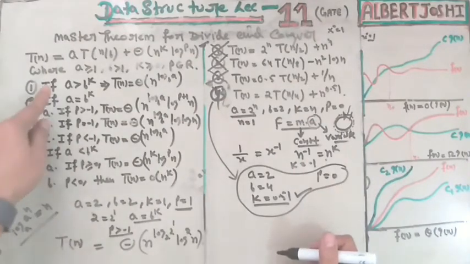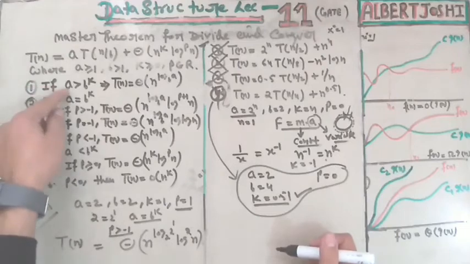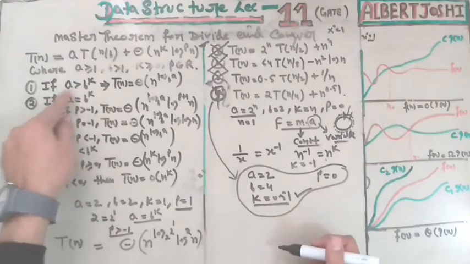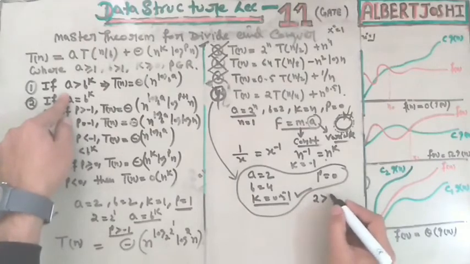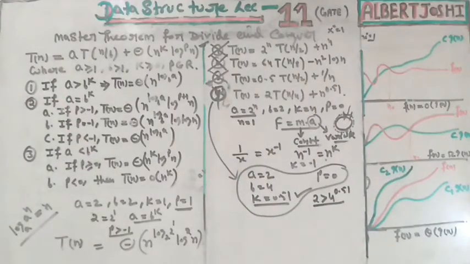Now we will check for which condition it will satisfy. The first one they have given us is a greater than b to the power k. What is a? Is 2 greater than 4 to the power 0.51? We have to check it. No, that is not satisfying. 2 is not greater than this.